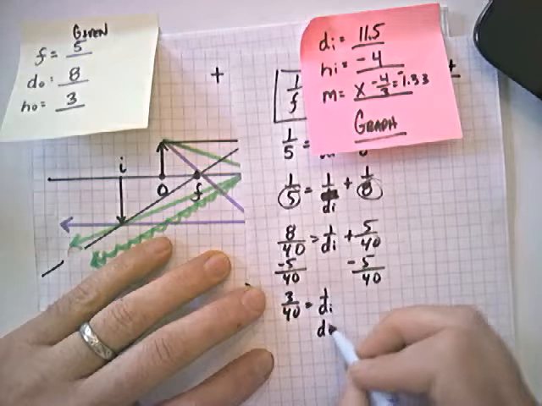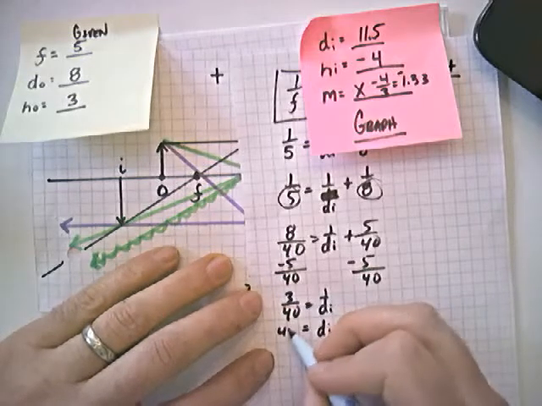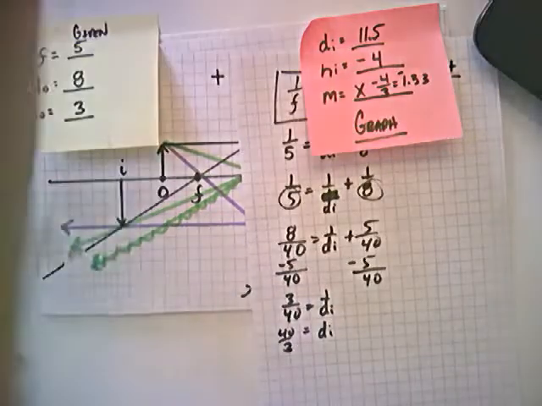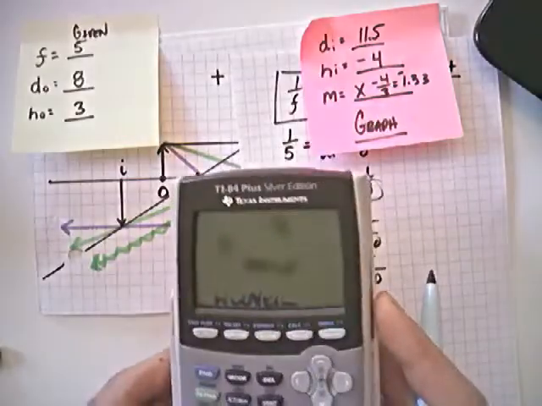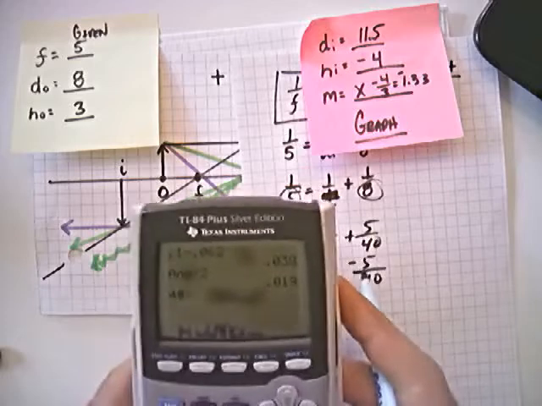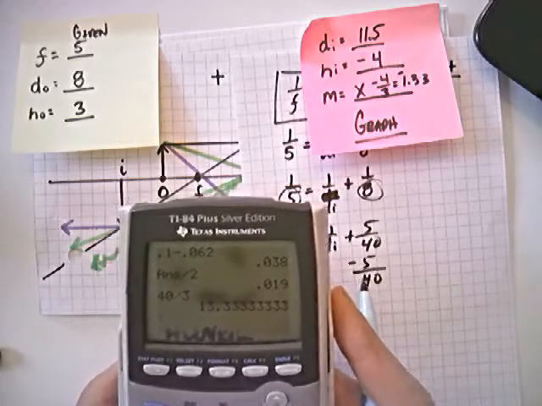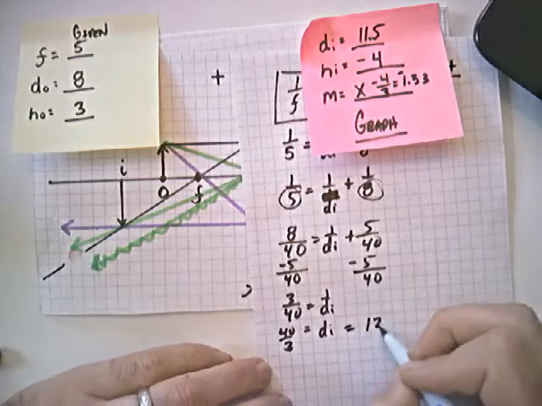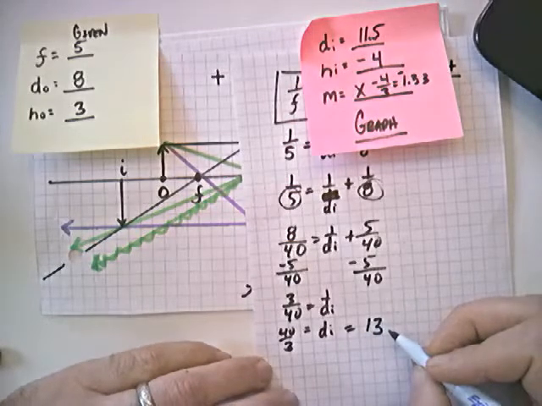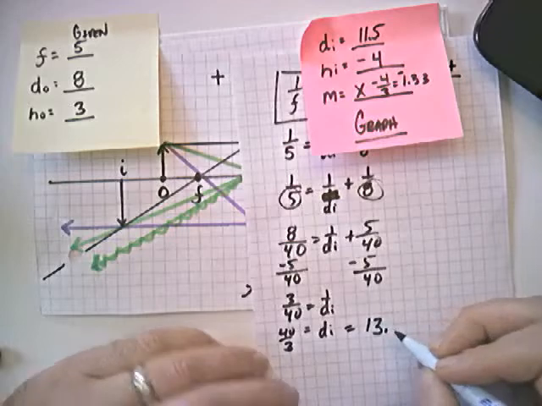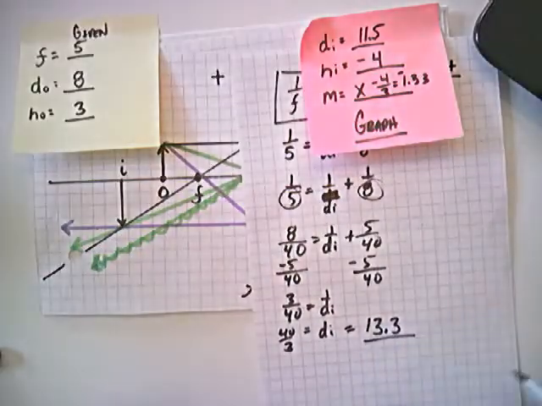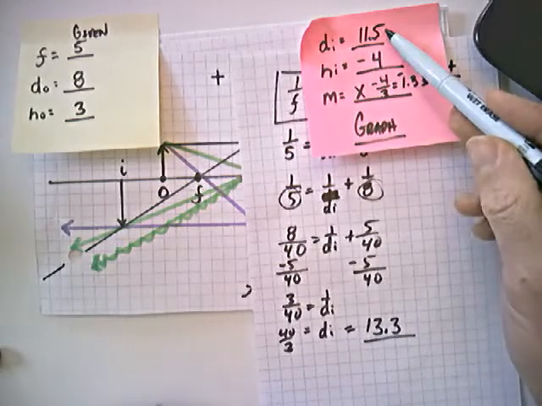Therefore di, when we flip it, would be 40 thirds. Better get our friend the calculator. 40 divided by 3 is 13 and a third. Now that's not too far off of where we were before, because previously we did it with our graph and got 11.5.